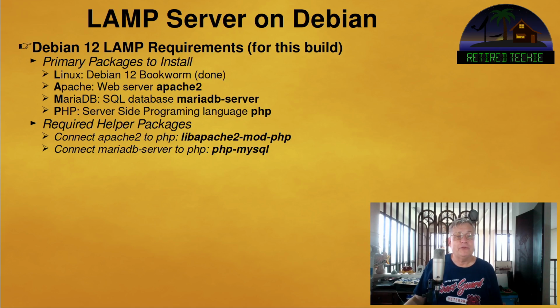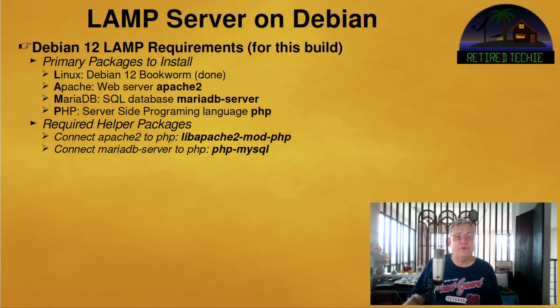Then we're going to want to install the Apache web server, Apache 2. Don't worry, we're going to go through all this stuff at the command line just so we make sure we get it right. And then you want to install the MariaDB server. A lot of tutorials, if you watch them, will tell you also to install MariaDB client, but that's automatically installed with the server, so you don't have to do that. And then again, like I said, PHP is the language used by WordPress, so you've got to install that.